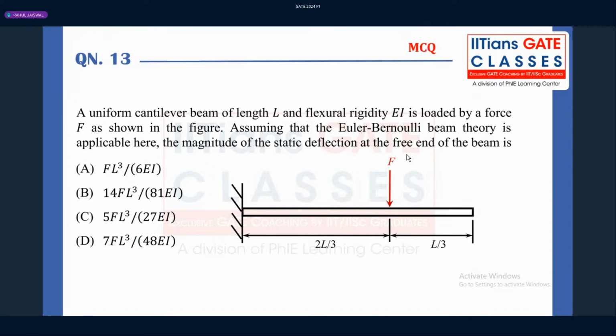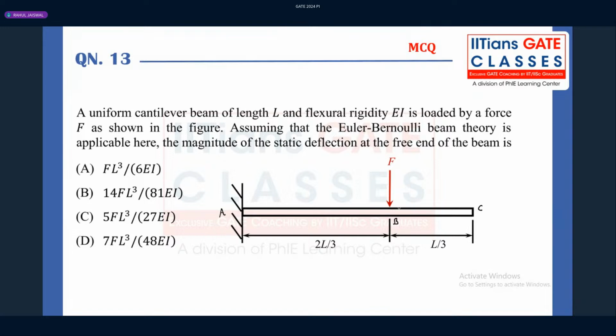Here they have given a uniform cantilever beam. If you mark the points A, B, C, for the AB portion and the BC portion we have the same material and the same geometry. That's why we have the same flexural rigidity, EI.